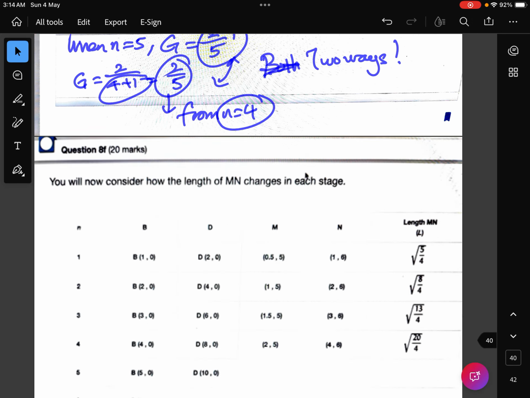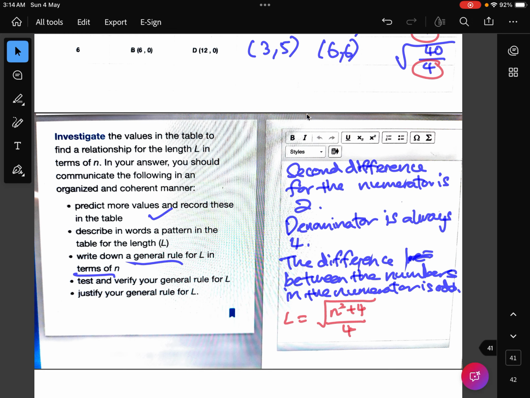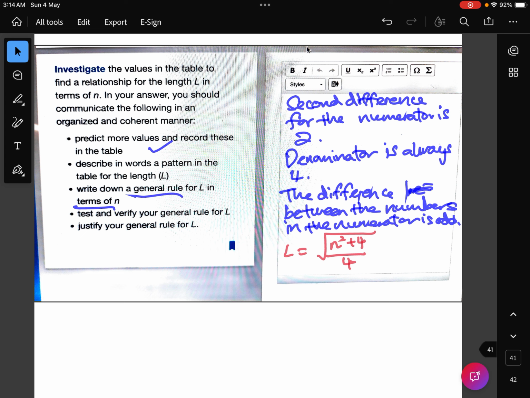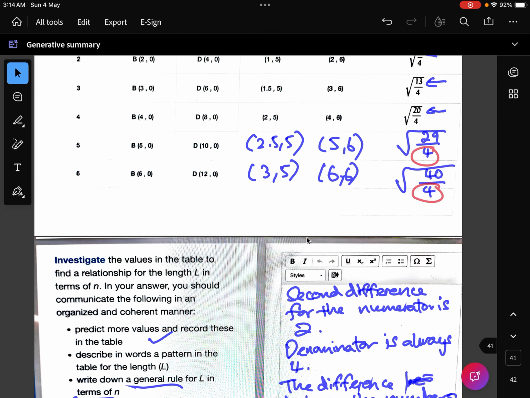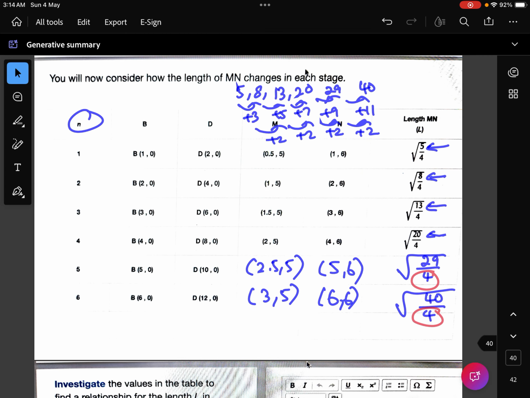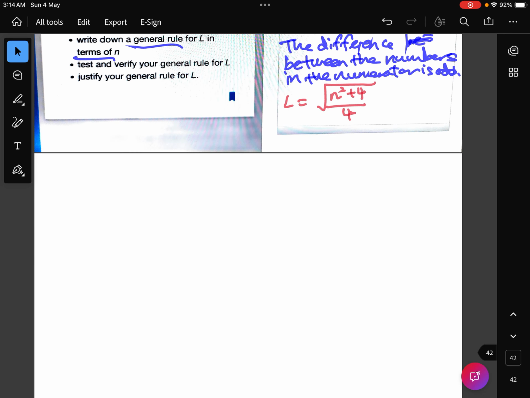Okay, so let's go test the general rule. When it comes to testing the general rule, we can actually use the numbers given to us in the table. You could choose any numbers from 1 to 4, because 5 and 6 technically are not given to you, the length. So you could use from n equal to 1 to n equal to 4 here. So this is what I would do.